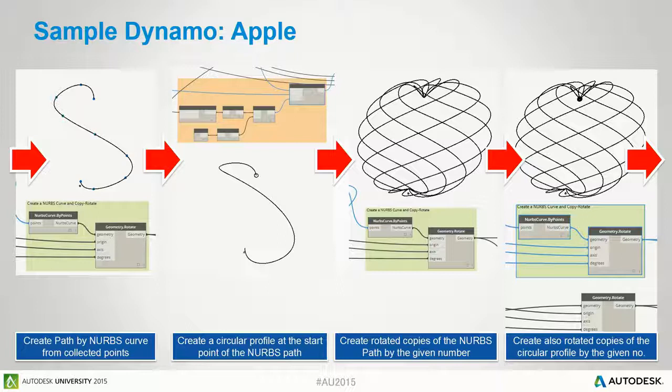One more requirement for our sweep is to create our profile. We create our circular profile at the start point of our NURBS path, and we'll create rotated copies of that NURBS path and our circular profile by the given number I mentioned earlier, which is 8.